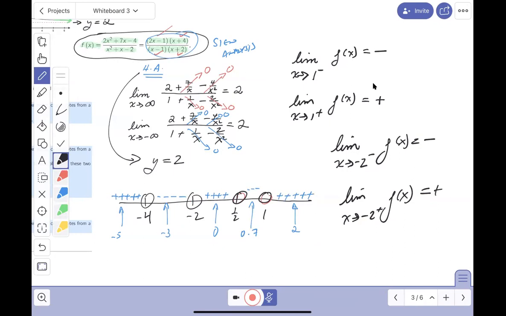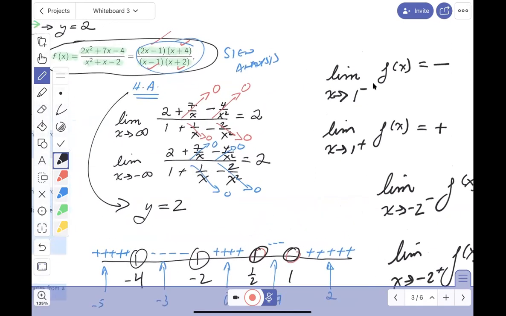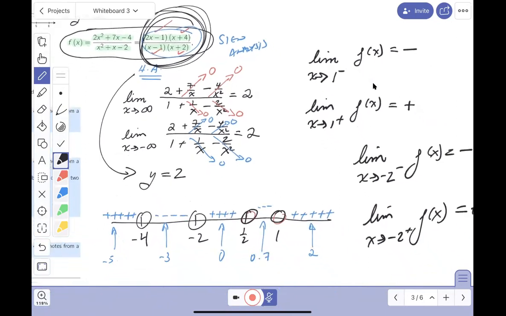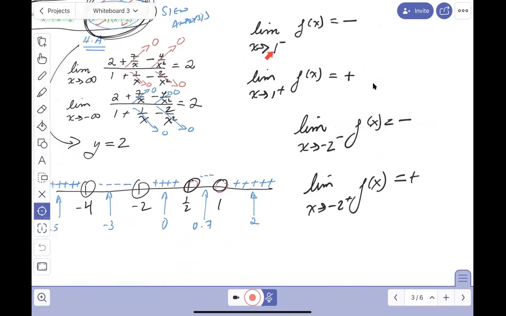I've got to be honest with you, these are going to be incredibly easy to do if you understand what happens. I want to point out what I mean by that. I can't emphasize that enough times. What I'm really worried about is, what do we have? We know the signs of these things, but my question is, what happens to the bottom in every single case? In every single case, the bottom will become 0.